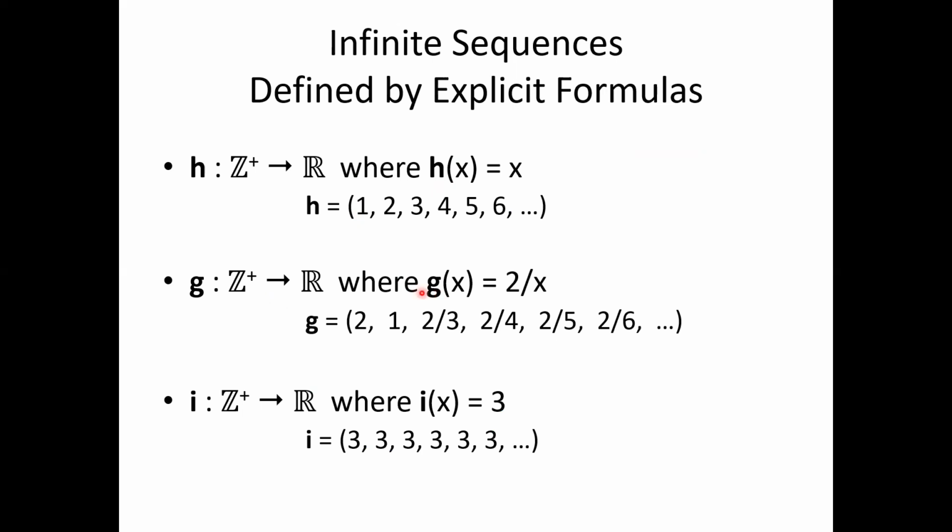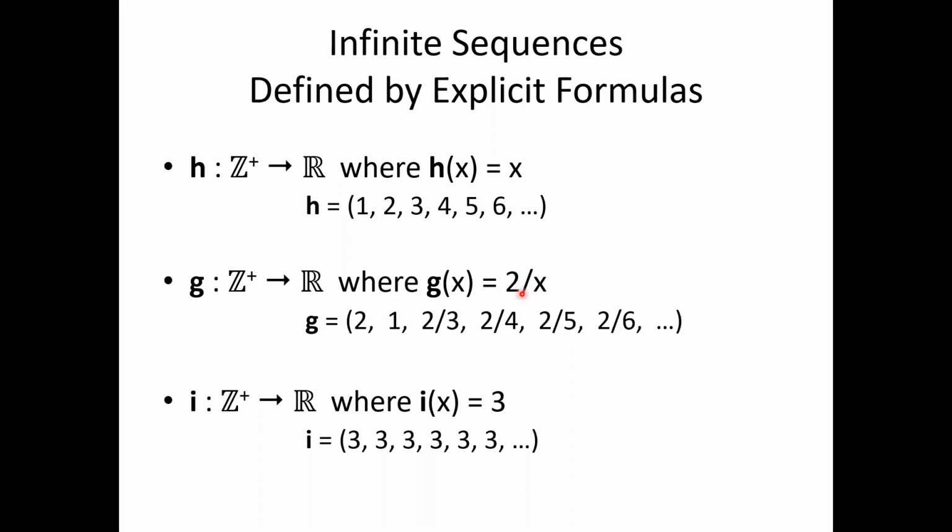Now let's say this is the closed formula that defines the value of the function. So it's 2 over the index. Let's look at this one. This is G1, because the first index is 1. Let's plug x equal 1 into this formula. It's 2 over 1, so that's 2. This is G2, for index x equal 2.